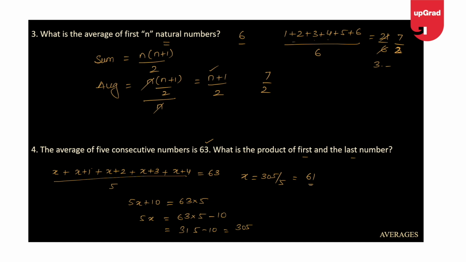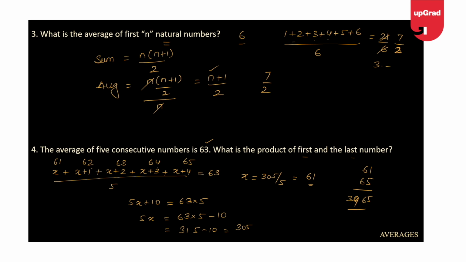Now this is just the first value. If x is 61, x plus 1 will be 62, this will be 63, 64 and 65. And the question is, what is the product of first and last number, which means 61 multiplied by 65. So what will be the value? I'll be getting 5, 6 sixes are 36, and then there was a carryover, therefore this will become 3965, and that's my answer.